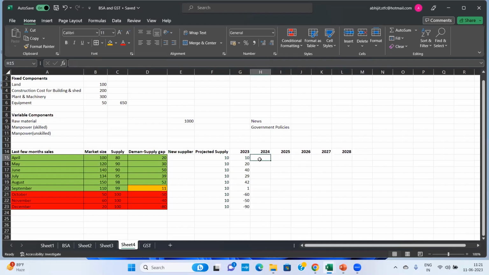And this amount, this demand supply gap is going to determine your future projected financials. So if I am selling 10 units at the rate of 500, then probably in April 2024, this is going to be my revenue. Right or wrong?